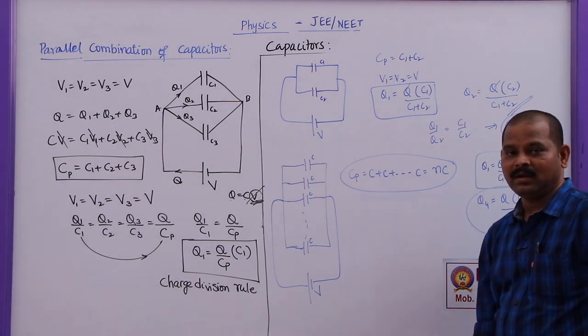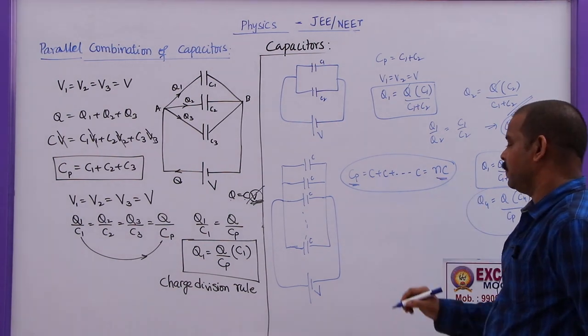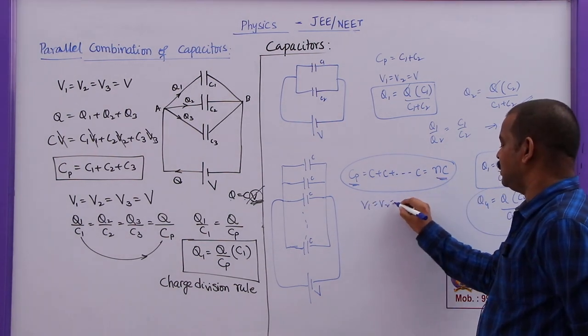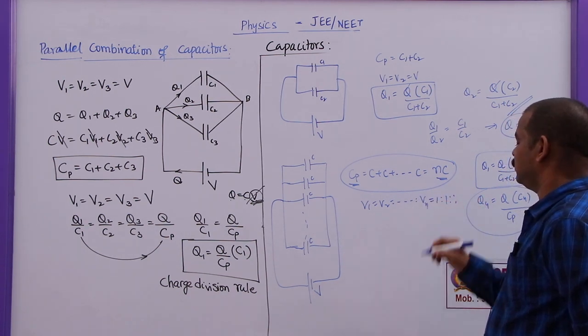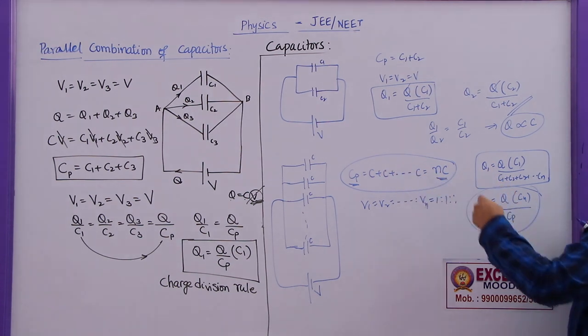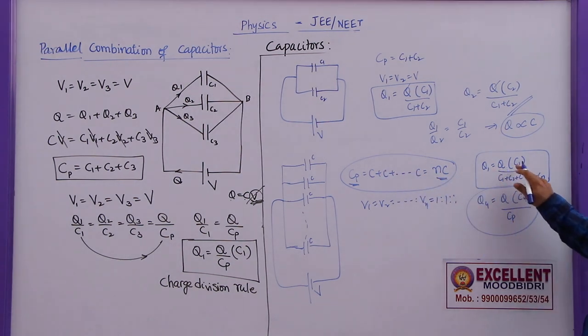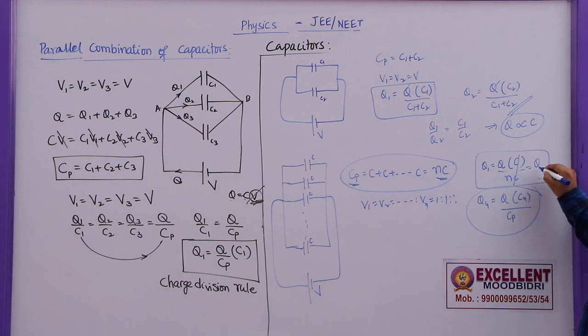For n identical capacitors connected in parallel, the effective capacitance is given by nC, and the potential drop across each branch is the same, V each. And if you want to find out the charge that is passing through any one of these branches, this is Q into C by nC. C gets cancelled. So, the charge is divided n times.